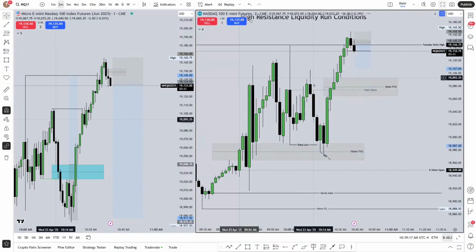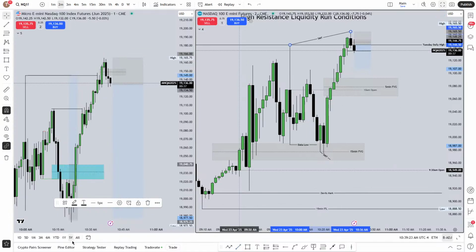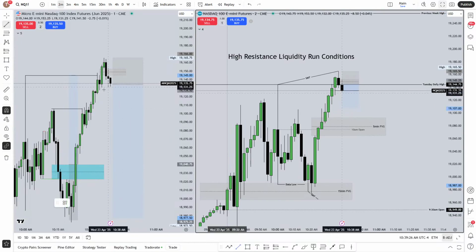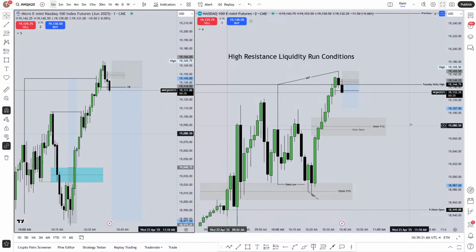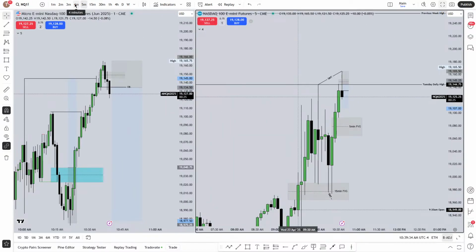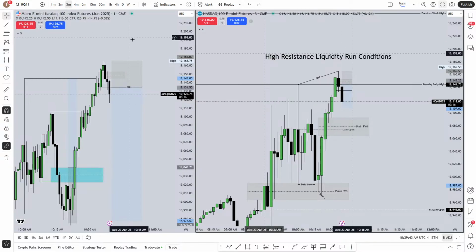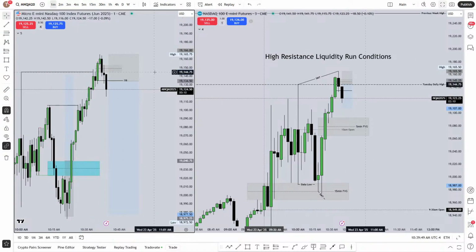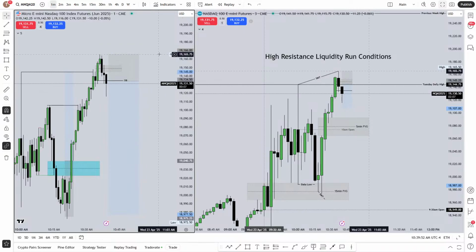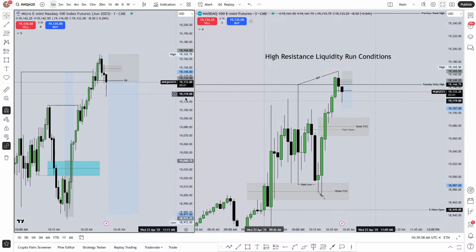Okay, so there's SMT at these highs right here. We just got a 1 minute inversion. I don't know, we have this 3 minute right here, and I don't want to short too early.